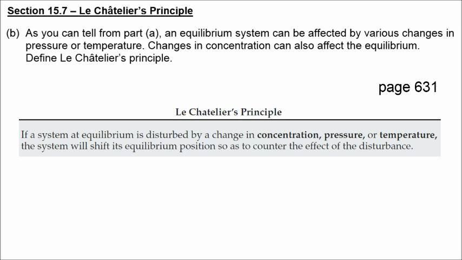Le Chatelier's principle, which is defined on page 631, says the following. If a system at equilibrium is disturbed by a change in concentration, pressure, or temperature, the system will shift its equilibrium position so as to counter the effect of the disturbance.